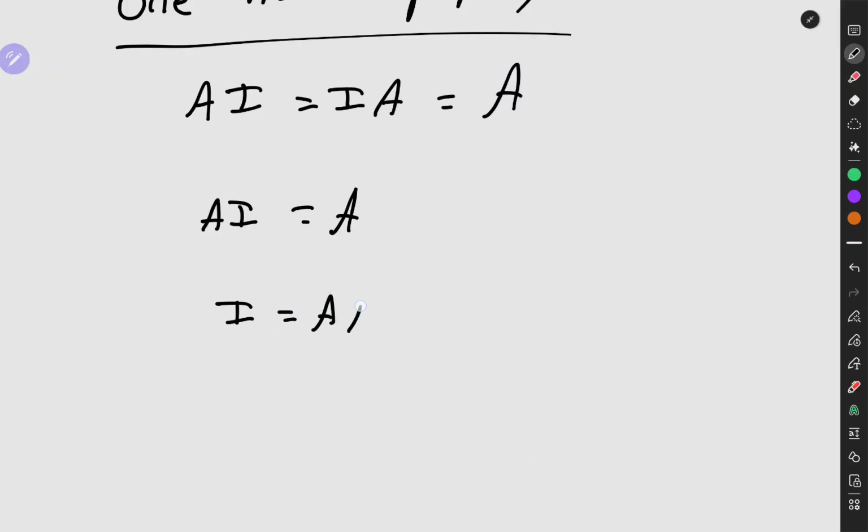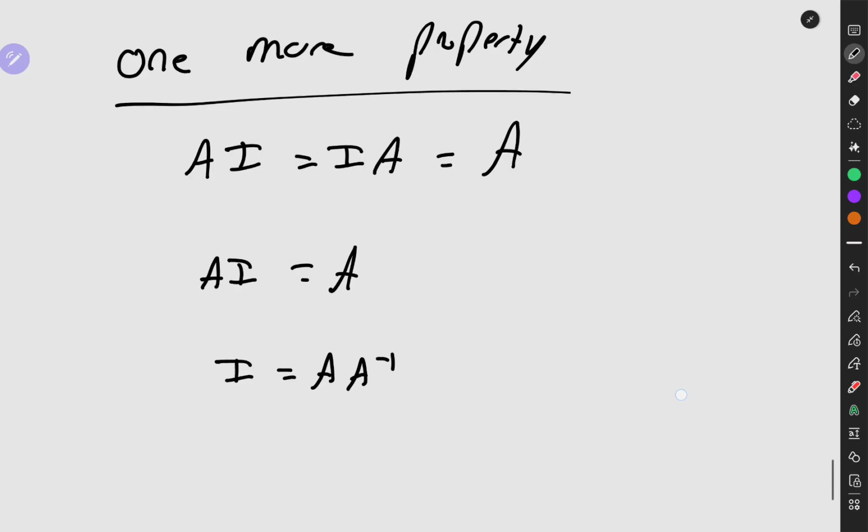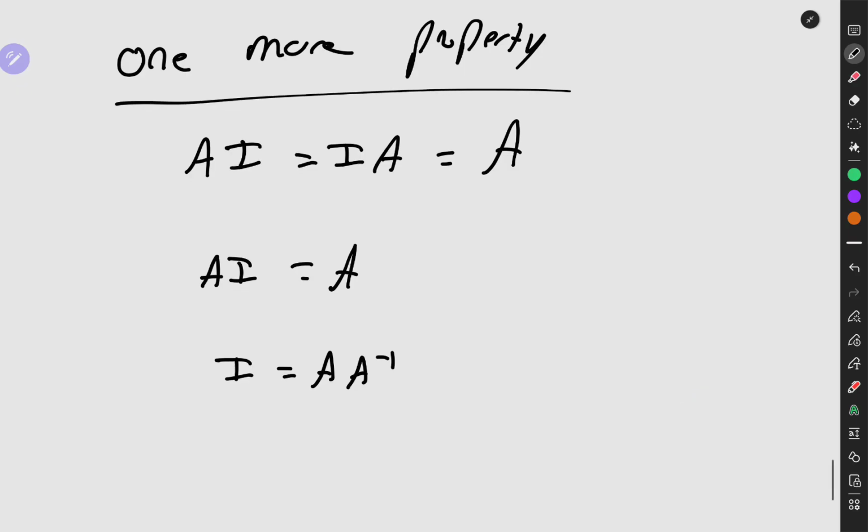So you multiply it by this inverse here. It's quite interesting. But this is how we get into the inverse stuff, which I will go over in the next video.